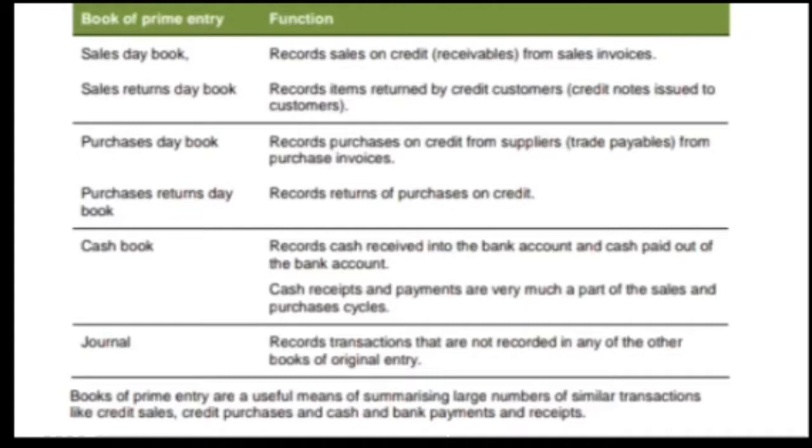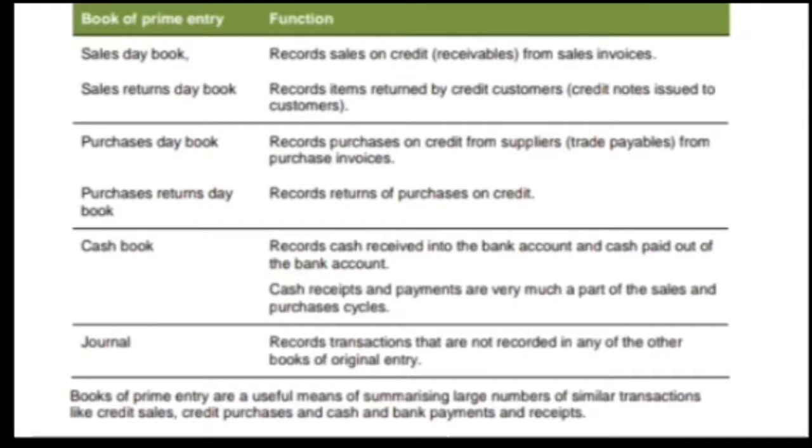Then the purchase day book. In other words, you can call it the purchase journal as well. The purchase day book is used to record all the purchases made on account. Then the purchase return day book records all the transactions made on account and returned to the same supplier. Then the cash book.